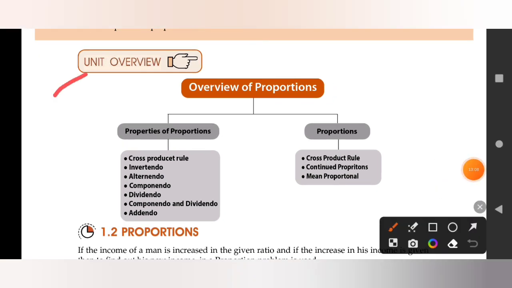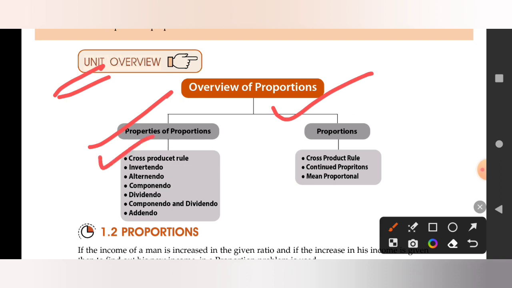Unit overview. Overview of proportions, properties. Okay, let me ask you now how much you remember. This way you will also revise it with me here itself, and when we come to the textbook part, you will already be well versed with it. So what is the cross product rule? The spelling of product is incorrect here.